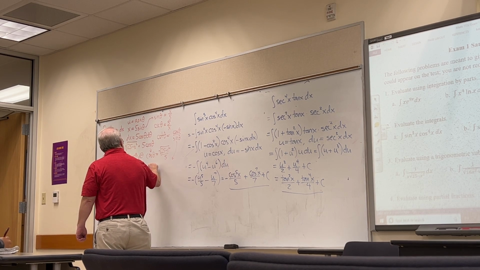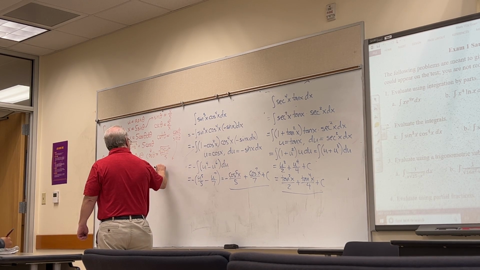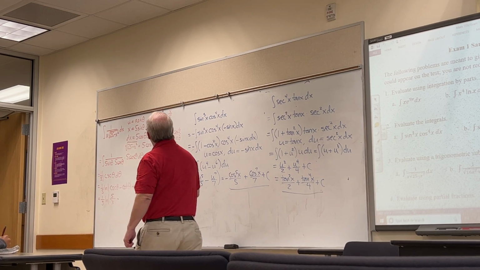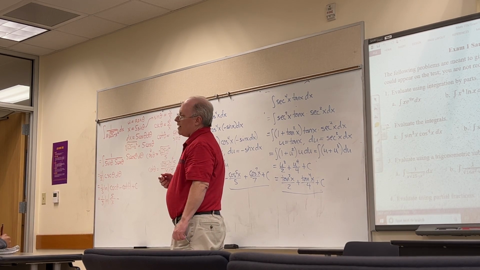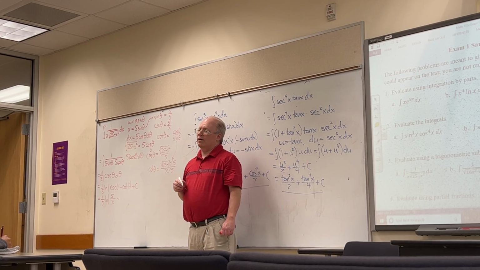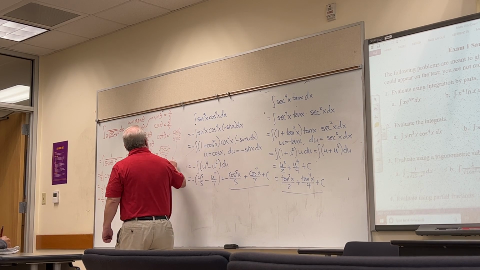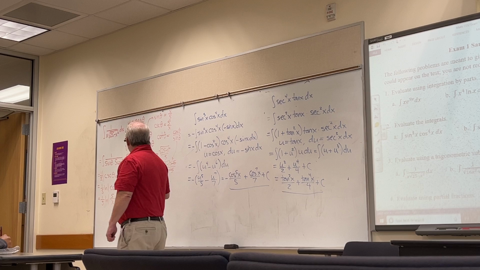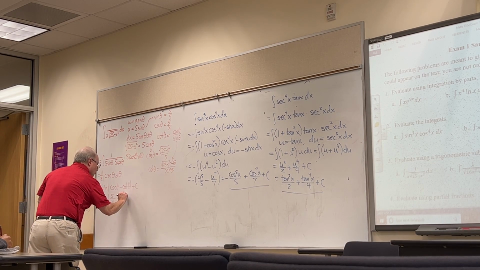So to get cotangent of theta, we would have this square root of 25 minus x squared over 5 divided by sine of theta, which is x over 5. Okay, so can we simplify that a little bit? Yeah, we can cancel the denominators since they're the same. So cotangent of theta is equal to the square root of 25 minus x squared over x.